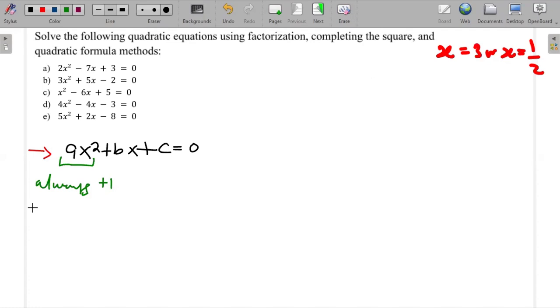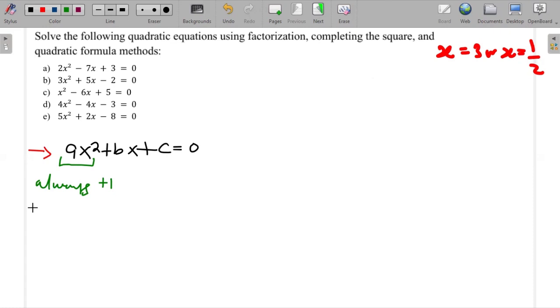If you are given a question where the coefficient of x squared is not a positive 1, you need to make it a positive 1. You can do that by factorizing if it's given as a function, but if it's given as an equation, you can make it a positive 1 by dividing by the coefficient of x squared that is currently there.